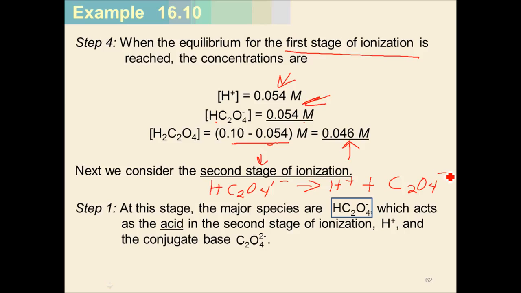At this stage, the major species again is the HC2O4 1-, which now becomes the acid in the second stage of ionization, and the hydrogen ion and oxalate are the products, with oxalate being our conjugate base.